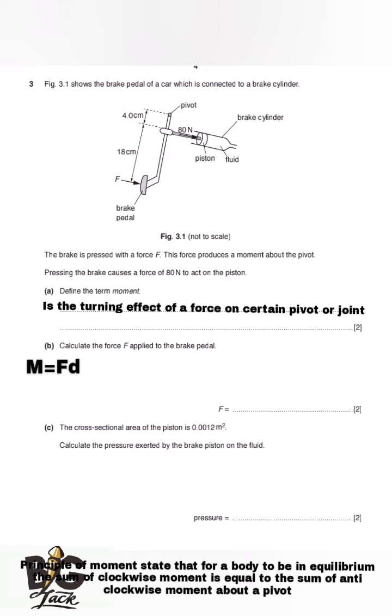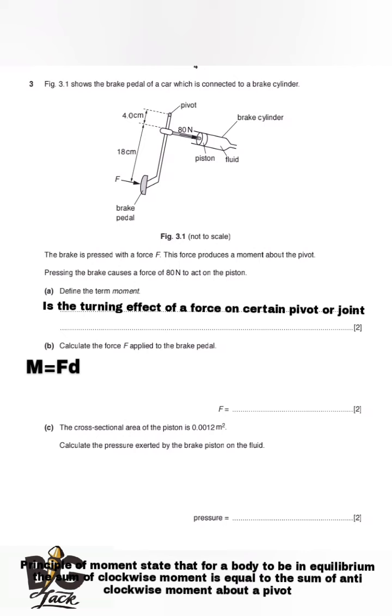Here we are going to use the principle of moments. The principle of moments says that for a body to be in equilibrium, the sum of clockwise moments is equal to the sum of anti-clockwise moments about the pivot. Moment is force multiplied by distance.